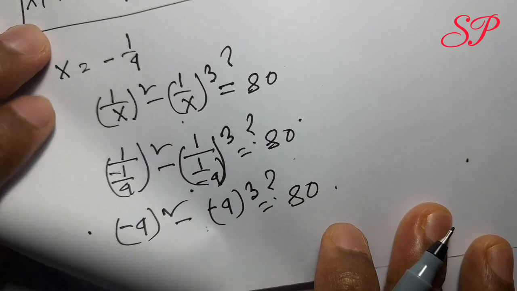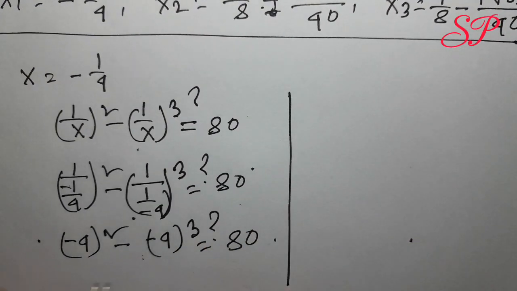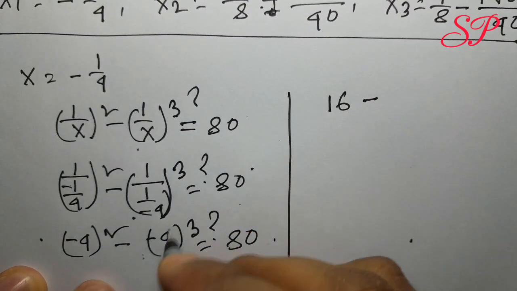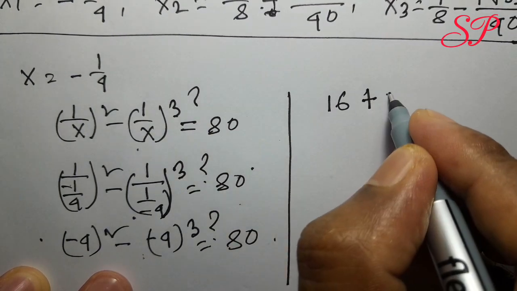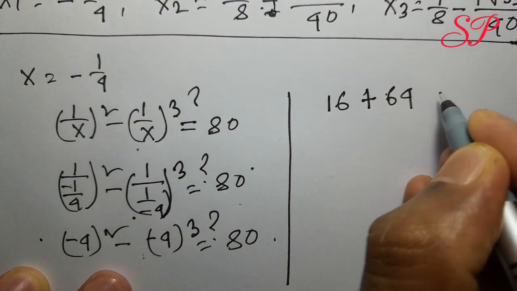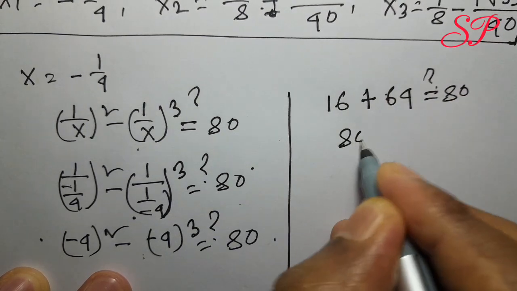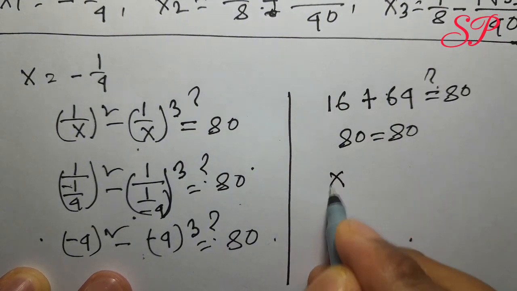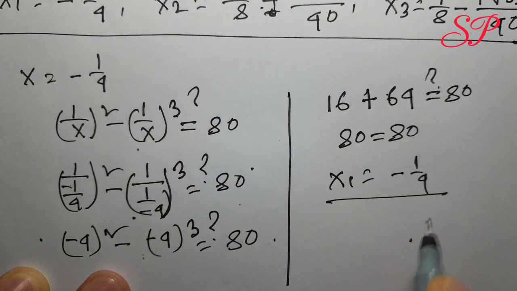Okay, then we can write 4 square is equal to 16 and minus minus, plus, and 4 cube is equal to 64, 16 plus 64 is equal to 80, and 80 is equal to 80. So x1 is equal to minus 1 by 4.